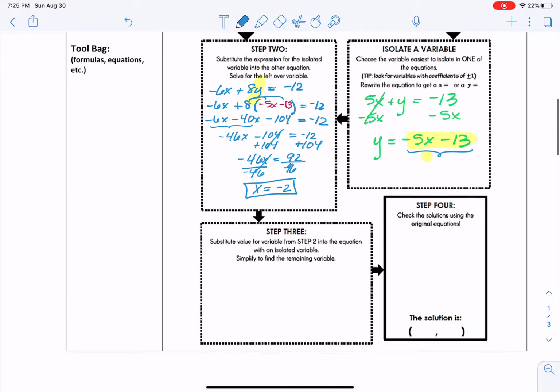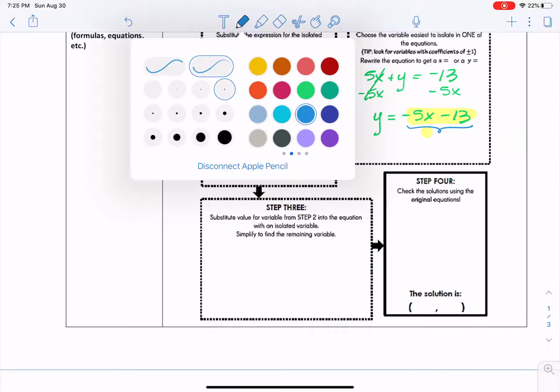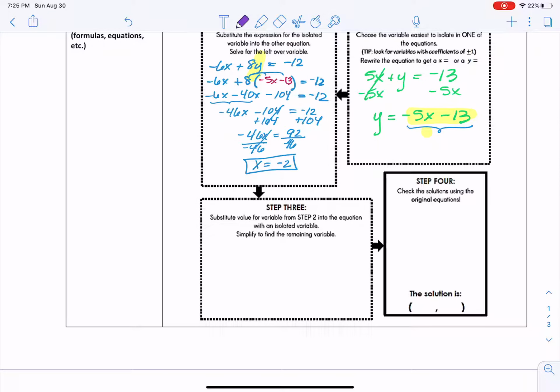To be able to find y, I substitute this value into the equation with the isolated variable. In this case, the y equals equation. So I had y equals negative 5x minus 13.